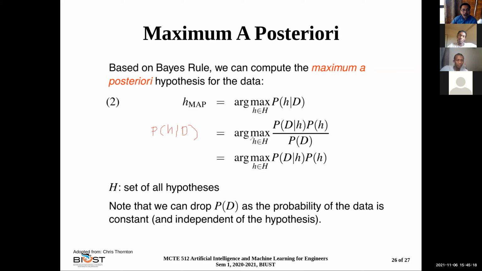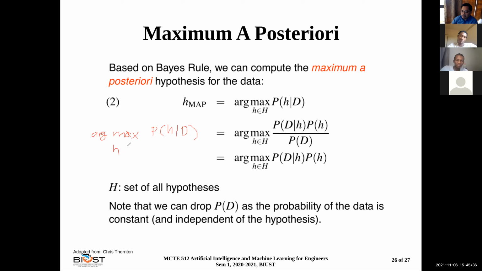But now you have argmax of H element of big H. Why is there argmax? What is that meaning?